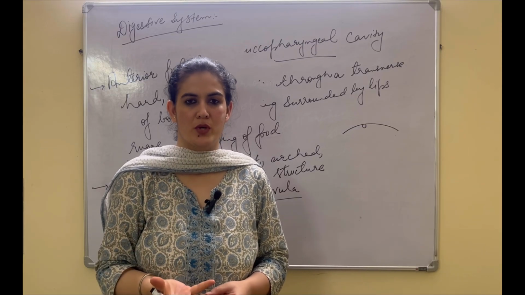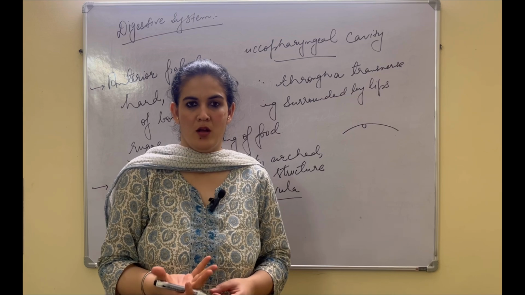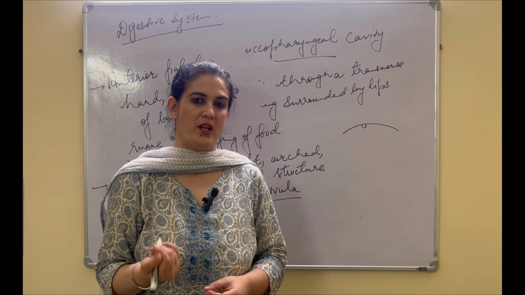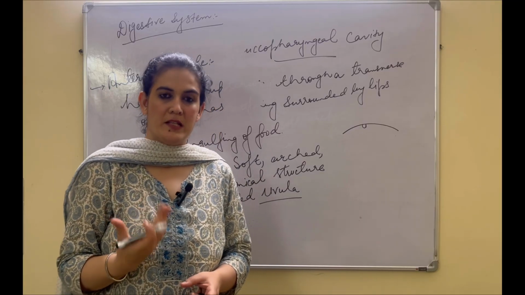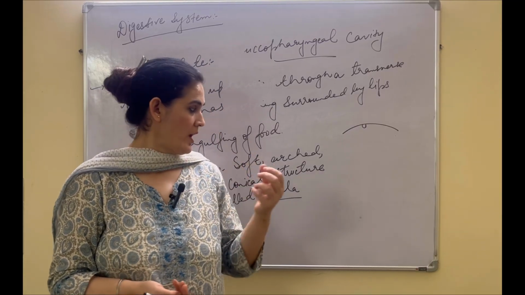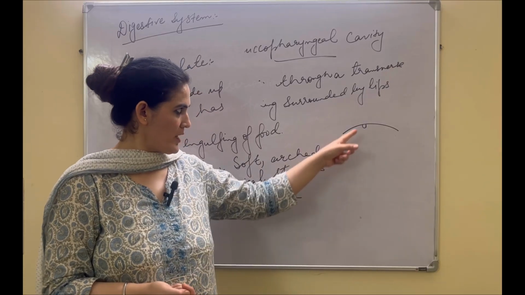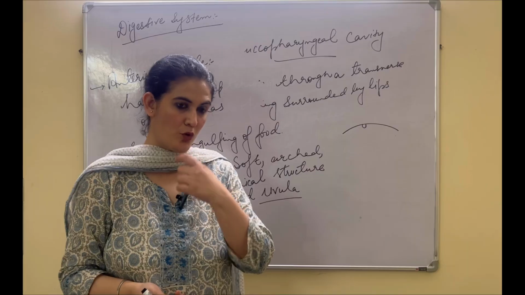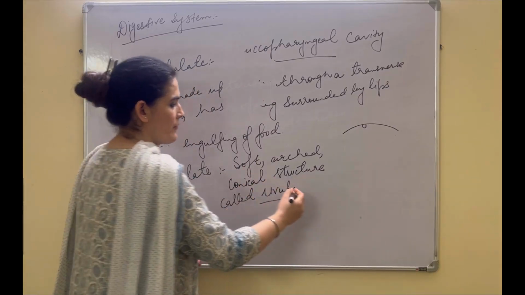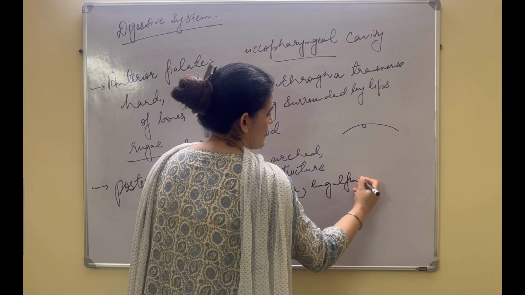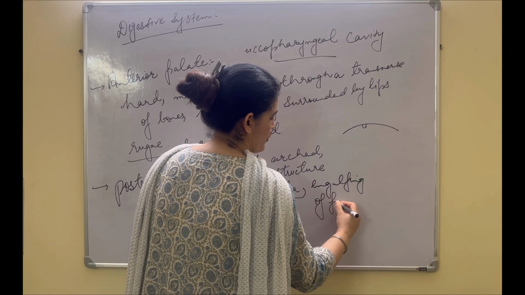We are very curious about our body, so if someone has not seen this structure, you can just look into your mouth in the mirror and you will find this structure hanging down there. It's called the uvula in your buccal cavity. And what is the function of this uvula? It also helps in the engulfing of food.